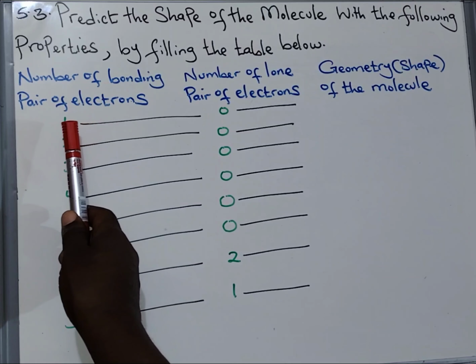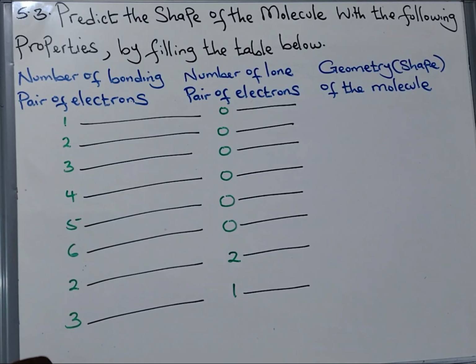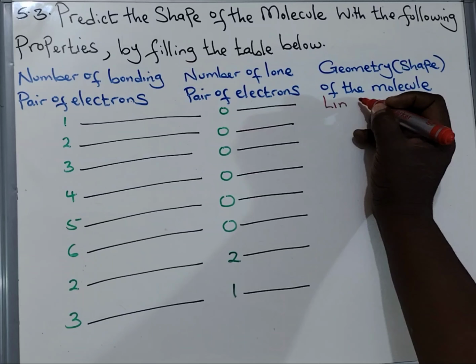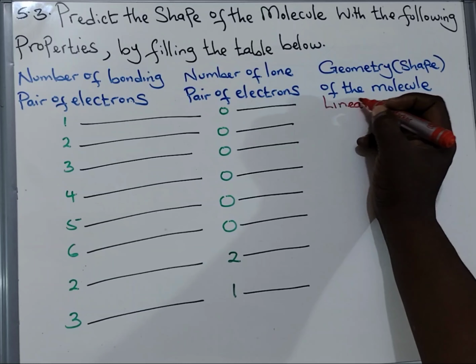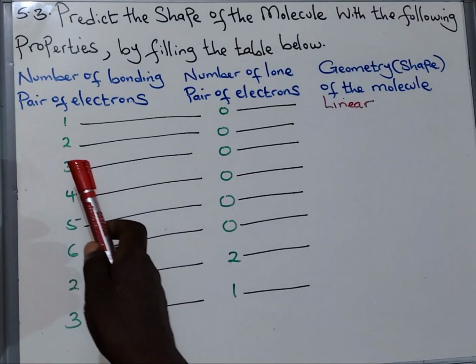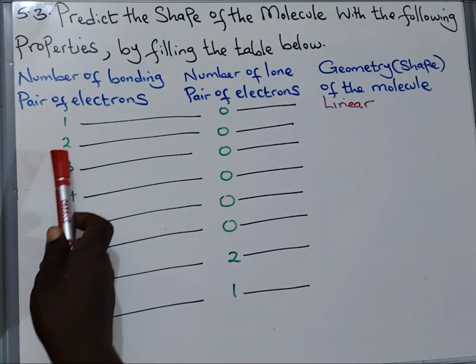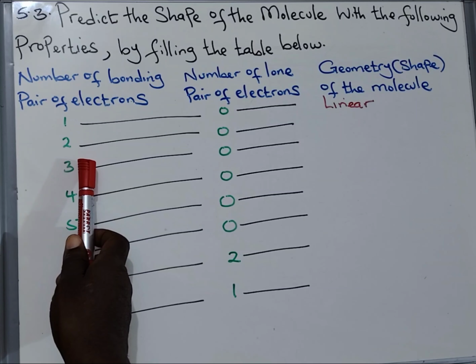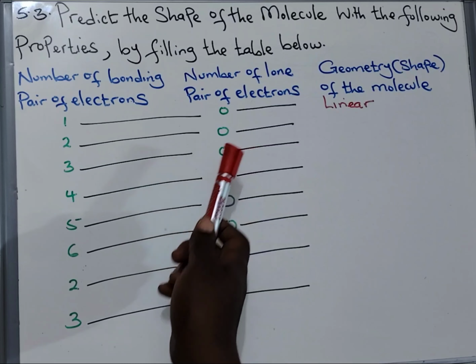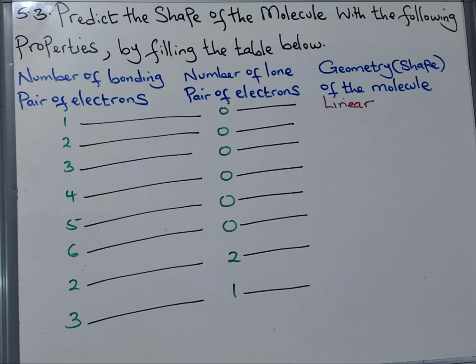We have how many? One bonding pair, and how many lone pairs? 0. What geometry do we get under the circumstance? The geometry is linear. Then we come to the second one. We have 2 bonding pairs of electrons and 0 lone pairs.